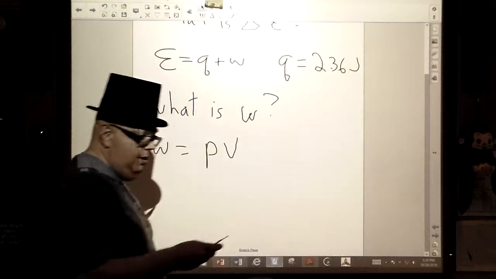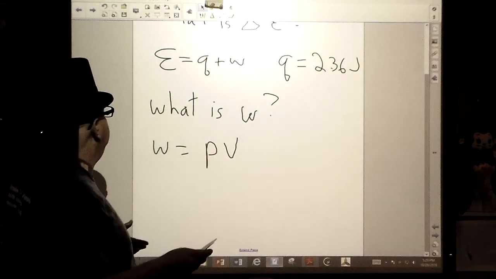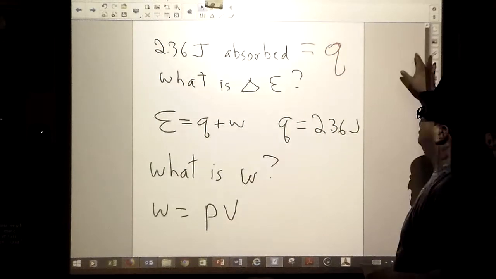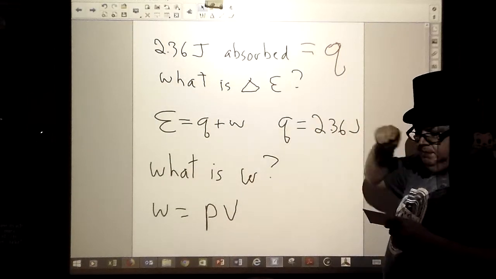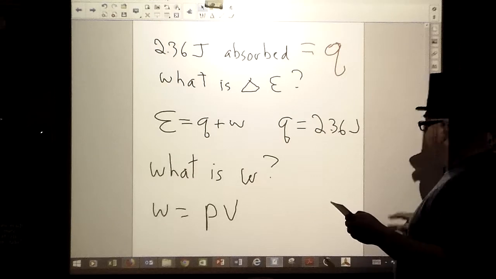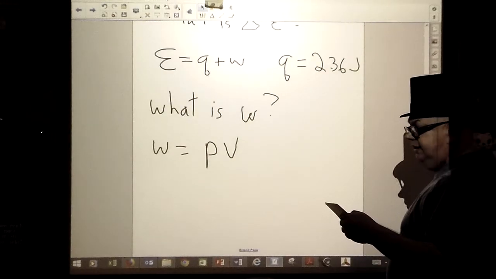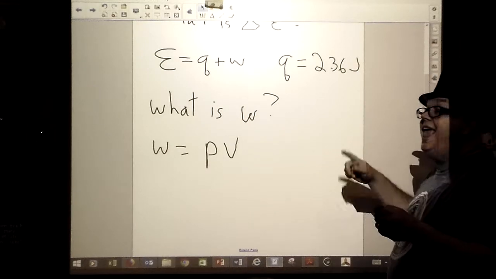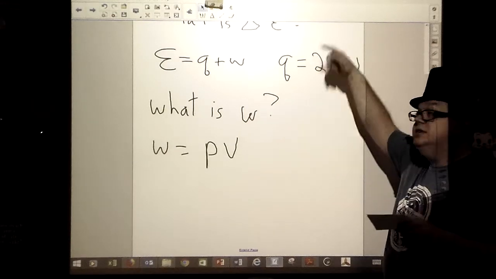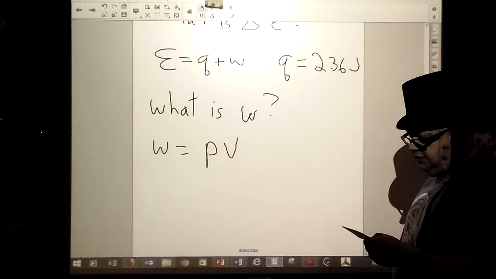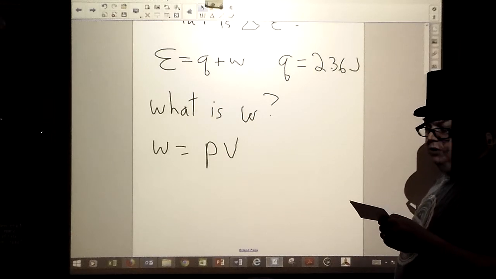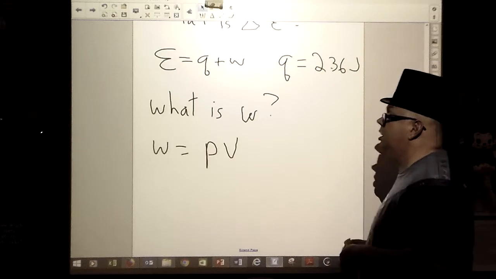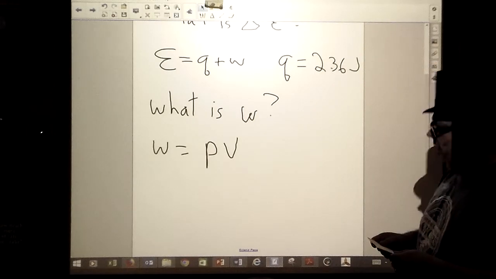What's going on here? We need to get a little bit of information from our previous answer, because that question number 2 is depending on number 1. We need to know what our work is.